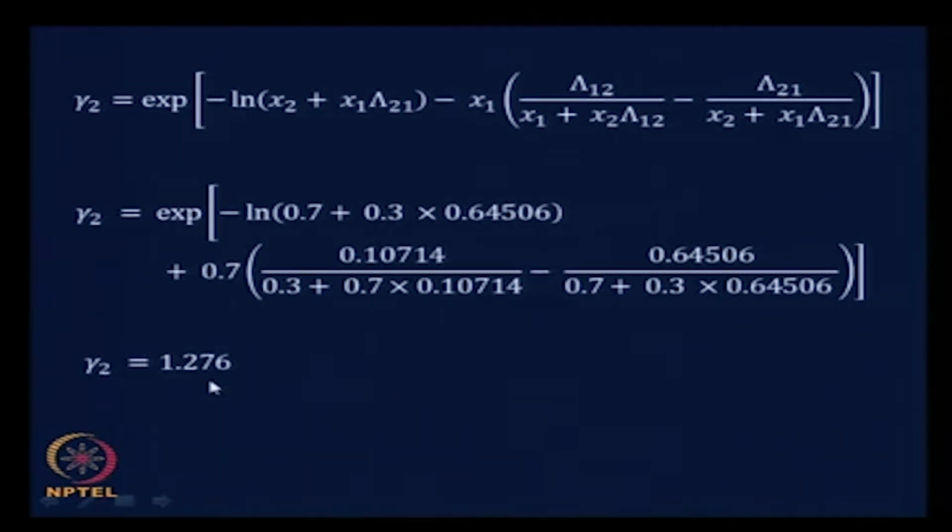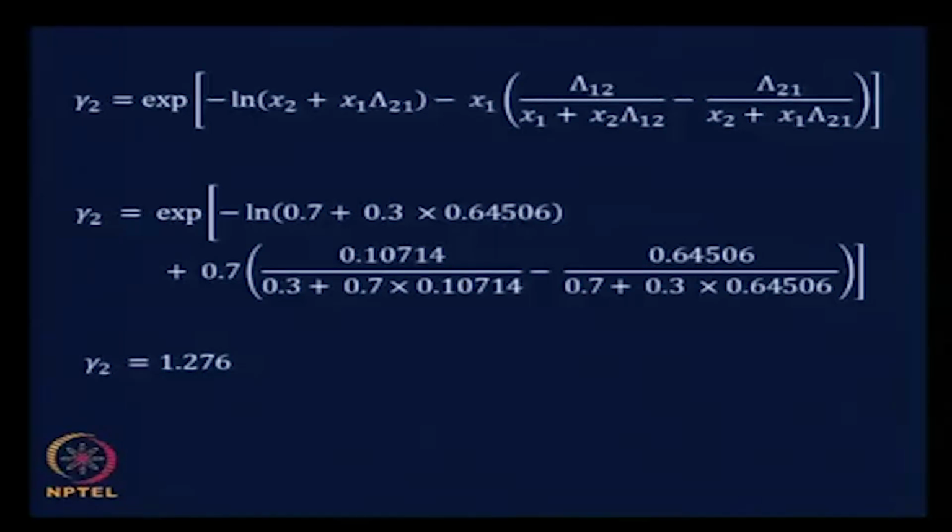Of course, different models would give different gamma values, and to get better and better estimates, better and better models were developed, and some of the model names we saw in the earlier part of this particular subsection itself.